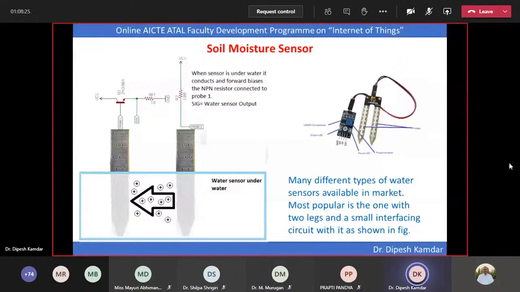Moisture works as a conducting material, and some of the electrons from the VCC will reach the other terminal. That is a very low amount of current, so we use the amplifier here, which gives me the amplified signal.